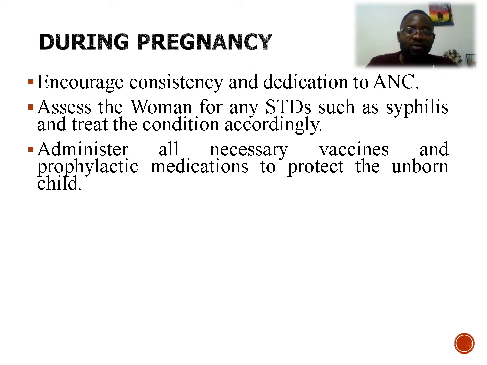Also administer all necessary vaccines and prophylactic medications to protect the unborn child. Alright, so whatever medications you need to give, vaccinations you need to give to a woman during pregnancy, you need to administer these so that the child is not affected by whatever conditions that this woman may suffer from.